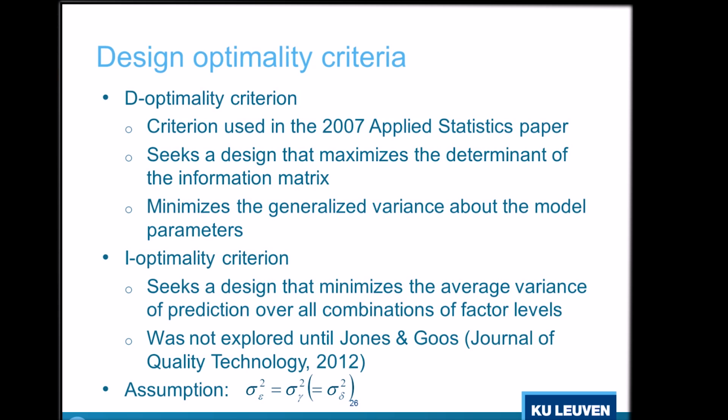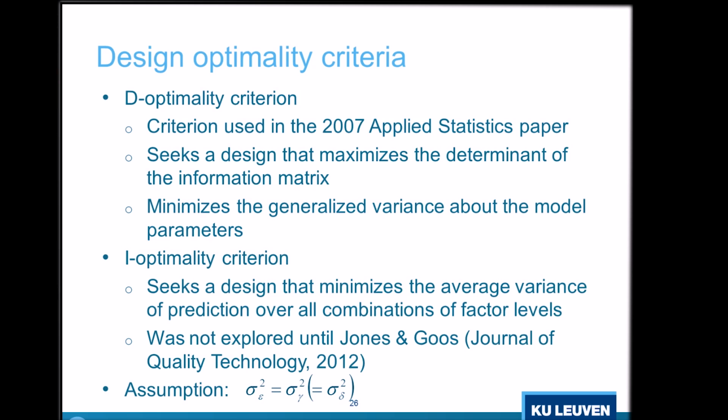And more specifically, an I-optimal experimental design is a design that minimizes the average variance of prediction over all combinations of factor levels. And if you want to read more about I-optimal split plot designs, then I can refer you to an article that Bradley Jones and I wrote in Journal of Quality Technology in 2012.